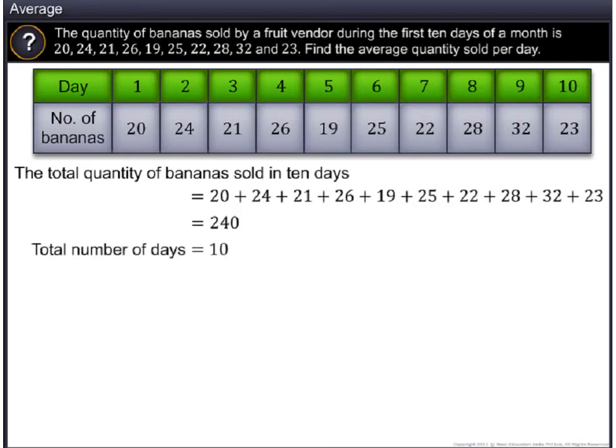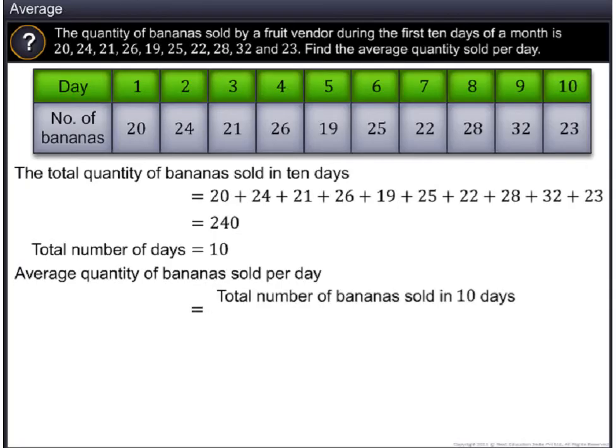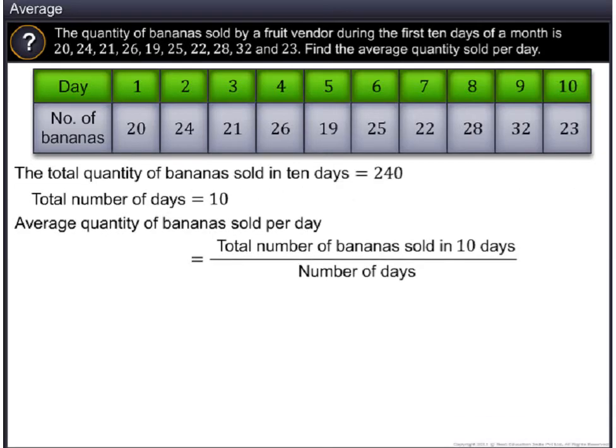The number of days is 10. The average quantity sold per day is given by the sum of bananas sold in 10 days divided by the number of days. On substituting the values and simplifying, we get 24. Therefore, the average quantity of bananas sold per day is 24.